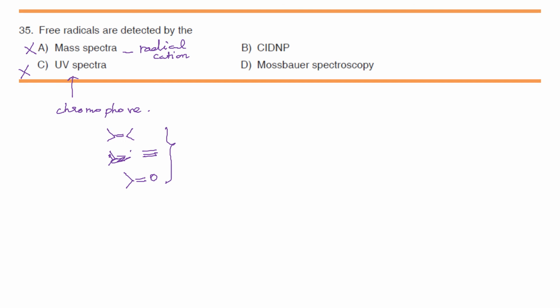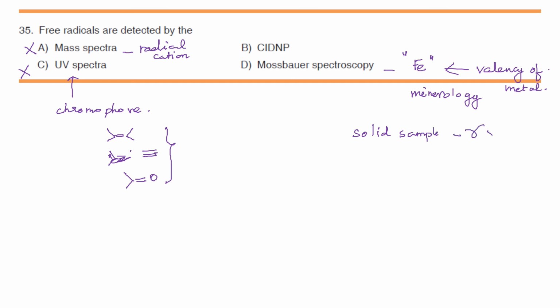Now coming to Mossbauer spectroscopy. Mossbauer spectroscopy is actually used for the analysis of especially elements like iron. That is, in mineralogy, it finds application in determining the valency of metal, especially iron. So the main principle is that you will be analyzing the solid sample with the help of gamma radiation.